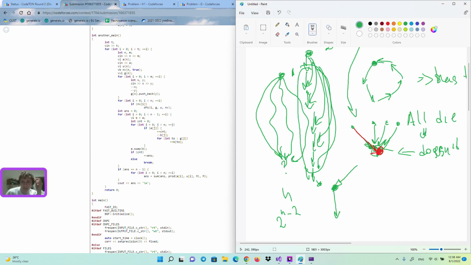That is because, wait, you see, for example, if we have something like this, and there is a 1 here, then this 1 comes here, and this vertex is alive. And also 1 is here. But then this 1 comes into this 1, and this vertex dies, and it stops destroying these units.